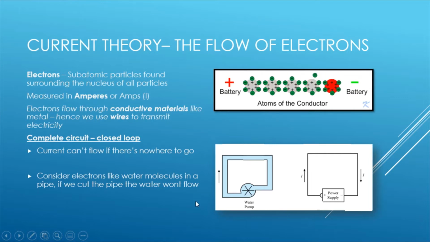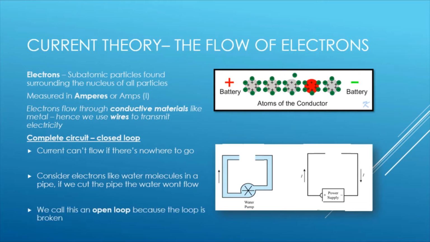So if you consider electrons like the water molecules in a pipe, if we then cut that pipe, so we separate it, we call this an open loop because we've opened the loop up and the current won't flow, the water won't flow through. Water is quite a good analogy that I'll be trying to maintain through this presentation about current. So this is now an open loop, and before we had a closed loop.